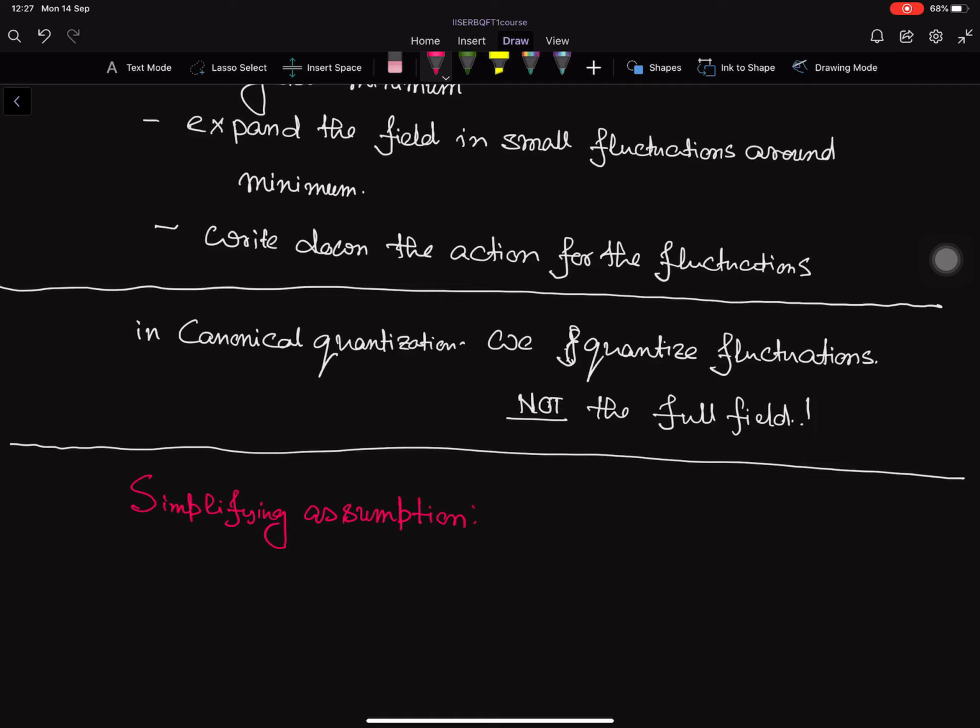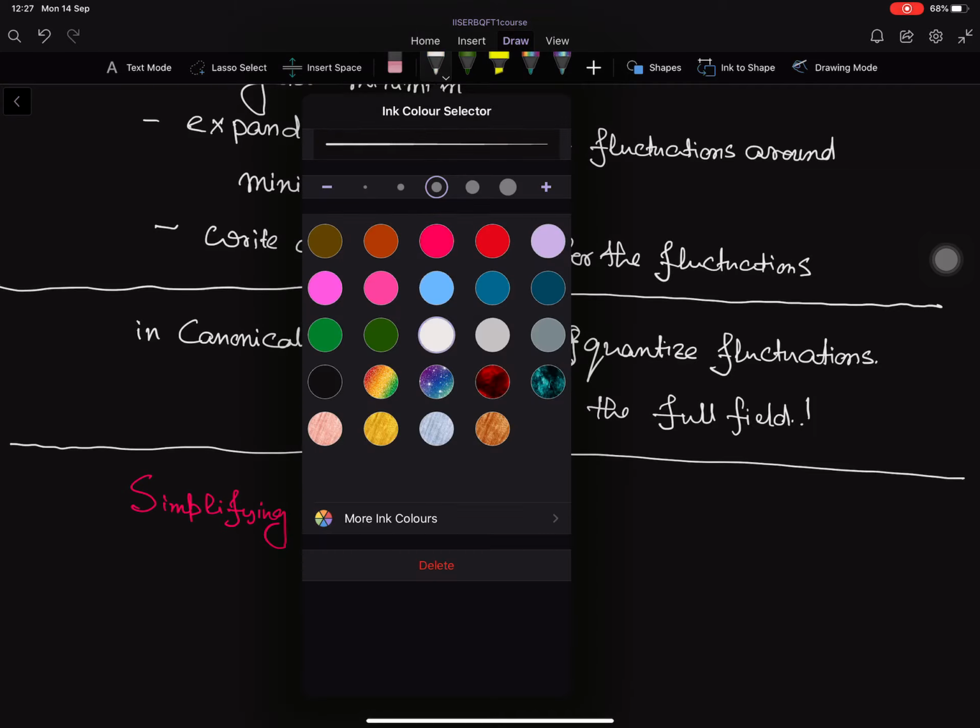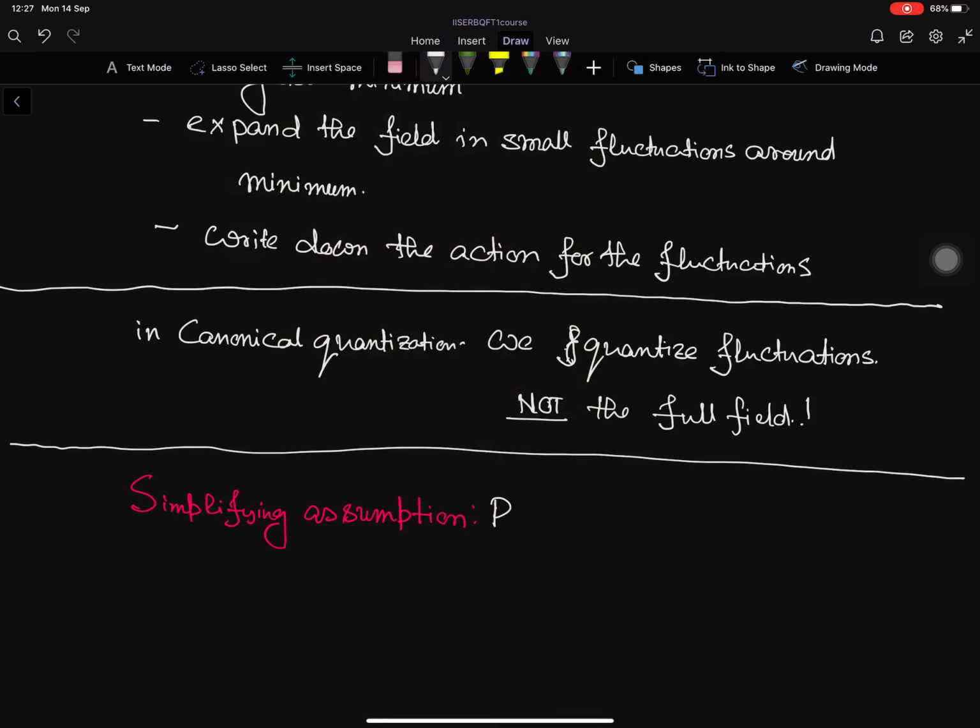But for the moment, make the simplifying assumption that we restrict the action for small fluctuations up to quadratic order.